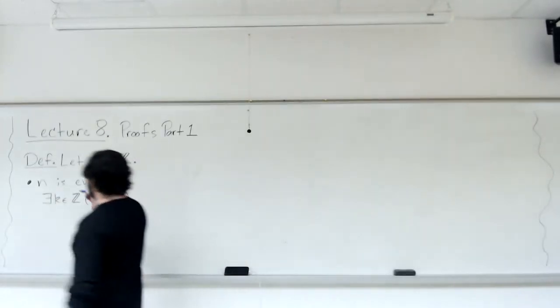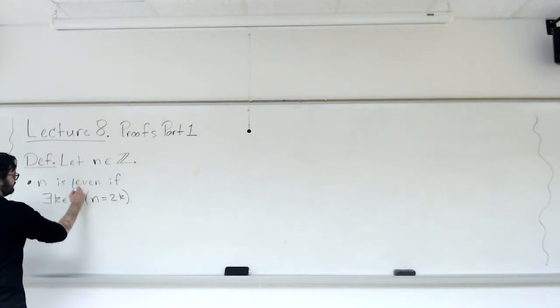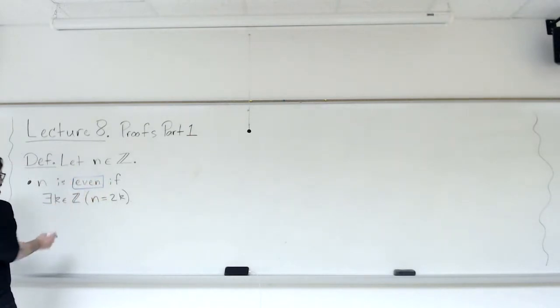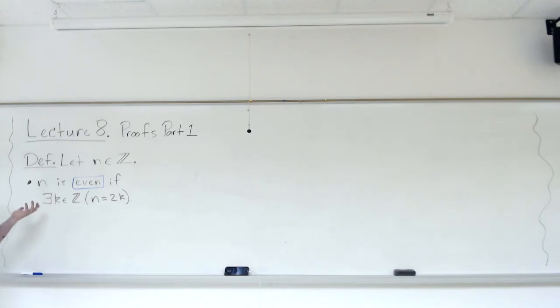Okay. Now again, we have to remind ourselves of what this quantifier is saying, right? So it's a definition, right? So we're given some value n, some integer n, and we want to consider the case of if it's even. If this is true, then it's even, which means that we have to consider this existential quantifier. There exists k in the integers such that n is equal to 2 times k.